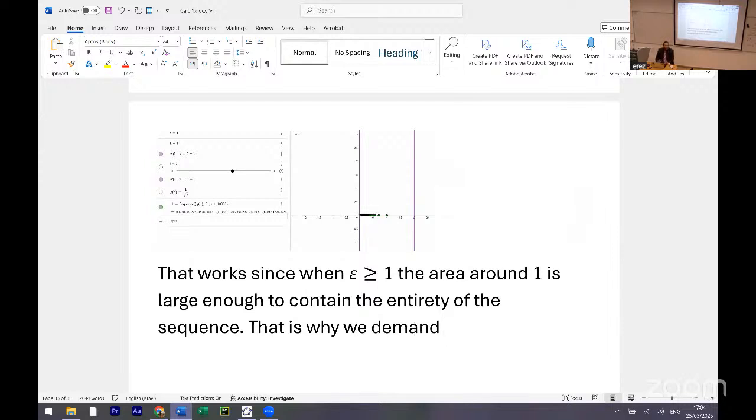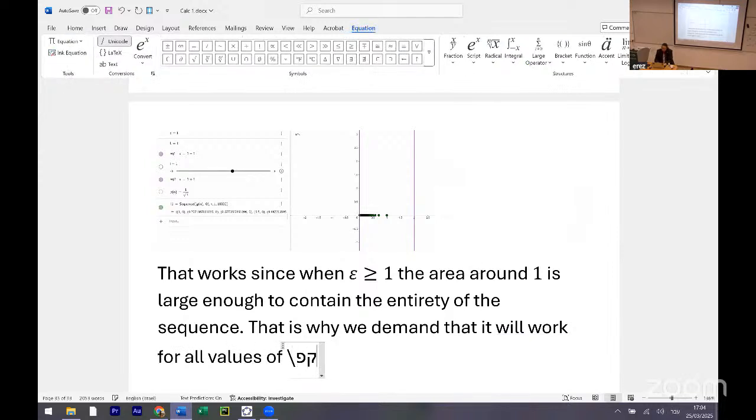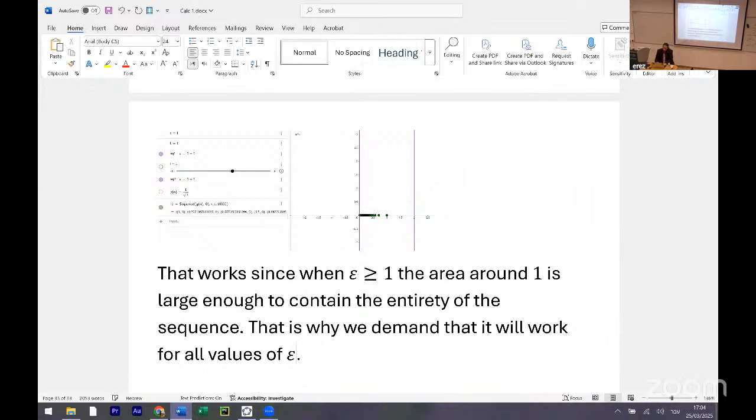What do we demand in order to solve this problem? That it will work not only for epsilon larger than 1, but for all epsilon, for all values of epsilon. It's not enough for it to work for larger than 1.